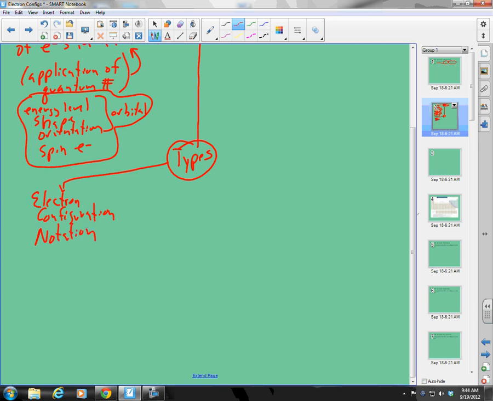We'll talk about a little shortcut later called the noble gas method. And then another interesting way to represent the electrons in an atom is what's called orbital notation. Okay? Good. So those are the three types. We'll get into the other two a little later. We're going to start off right here with electron configuration notation.